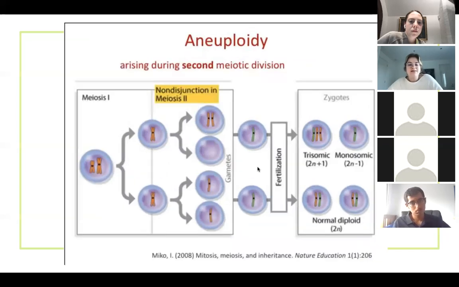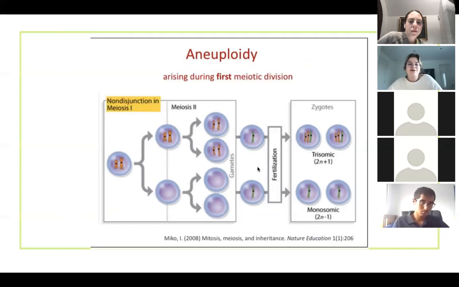If we start with this one, as you can see at the top, we start with our normal fertilized egg, and instead of it splitting into halves, the 2 chromosomes stay together. And so when they split, instead of having 1 in each, we now have 2 chromosomes in one.